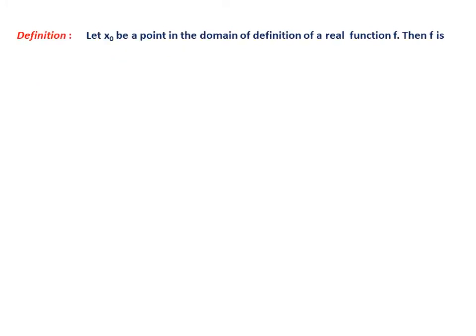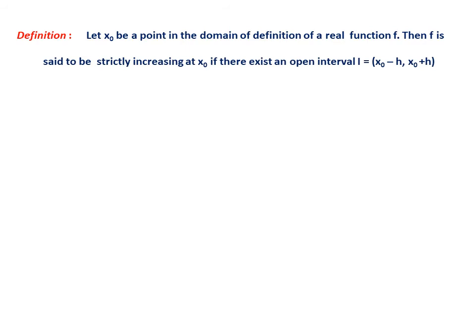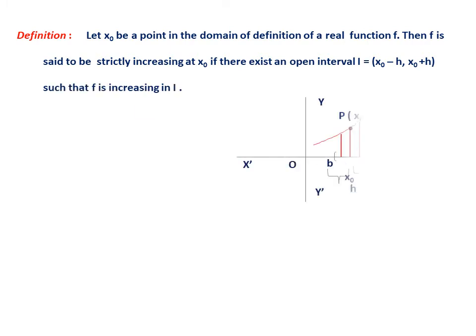The next definition is this: let x0 be a point in the domain of real function f, then f is said to be strictly increasing at x0. See, it is the same thing only. Strictly increasing means the equality sign is not there. That is the only difference. You can see here once again x0 is the point and BC is the open interval.